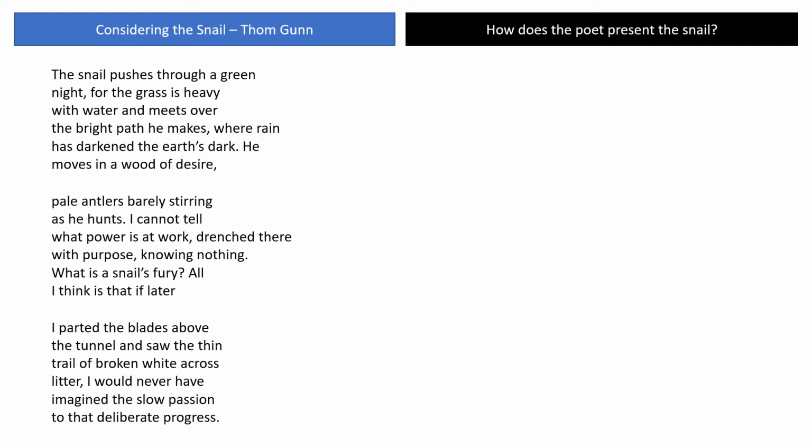I cannot tell what power is at work, drenched there with purpose, knowing nothing. What is a snail's fury? All, I think, is that if later I parted the blades above the tunnel and saw the thin trail of broken white across litter, I would never have imagined the slow passion to that deliberate progress.